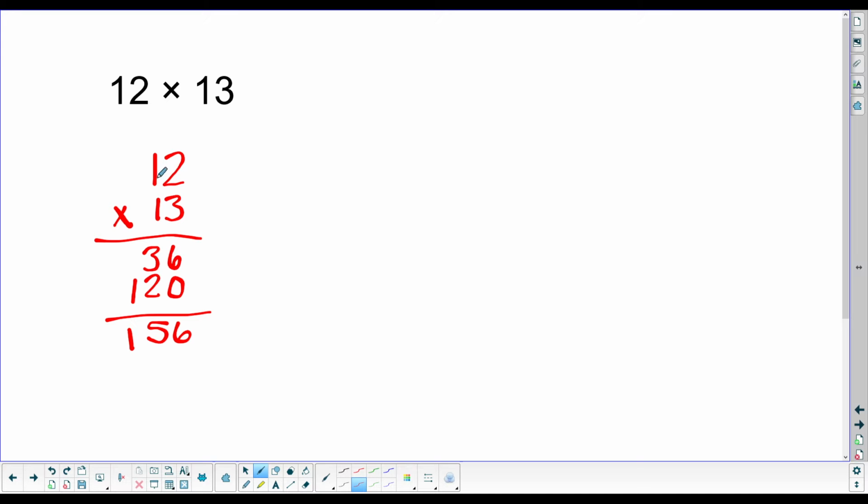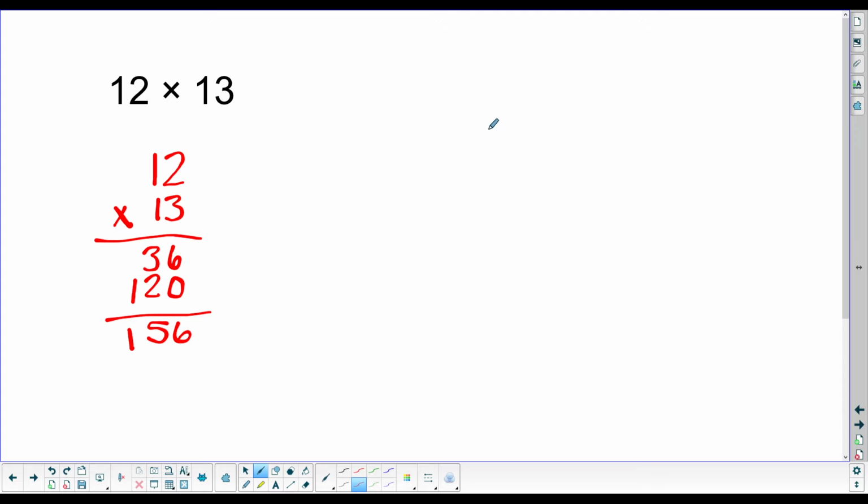So this is 30 plus 6, which is where we get the 36 from. And likewise, when we multiply the 1 here, this is not 1 times 2, it's 10 times 2. So we put that 2 in the tens place, and this is 20. And then when we multiply the 1 times the 1, this is 10 times 10. This is 100, and so we put that in the hundreds place.